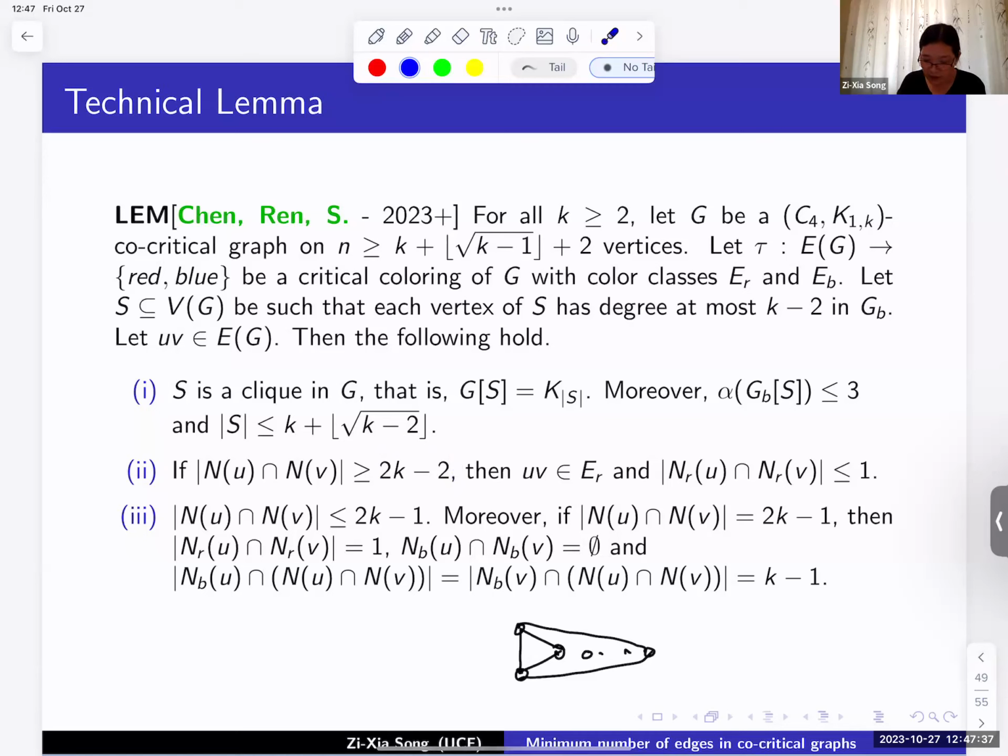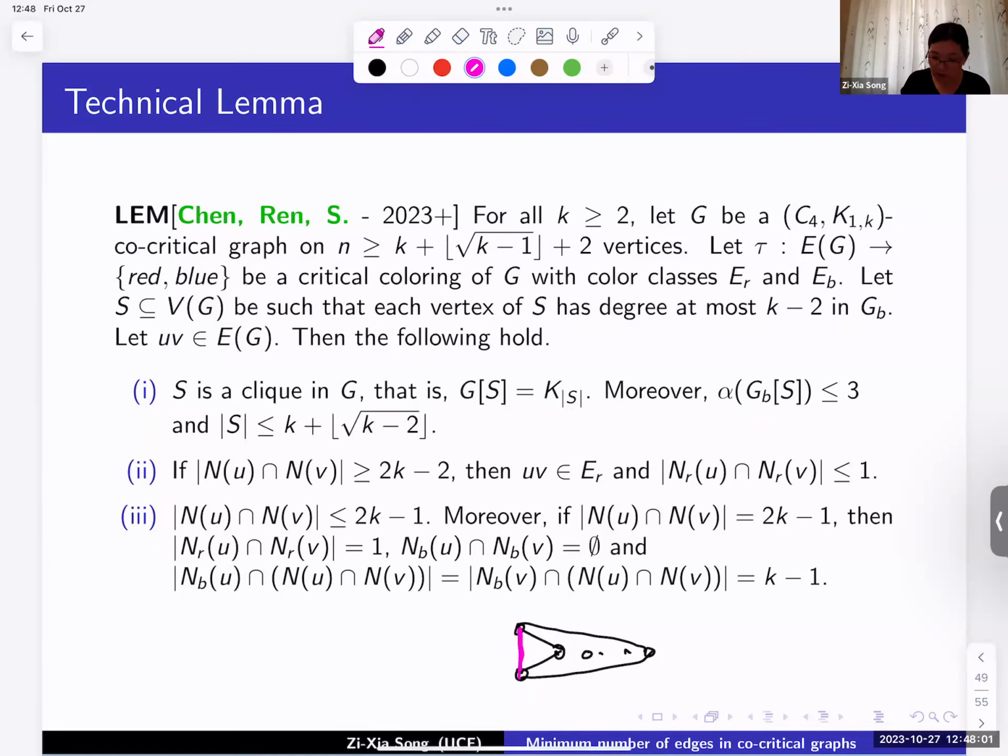If they have at least 2k minus 2 common neighbors, this edge belongs to 2k minus 2 triangles. Then this edge must be colored red. So this technical lemma is important for you.